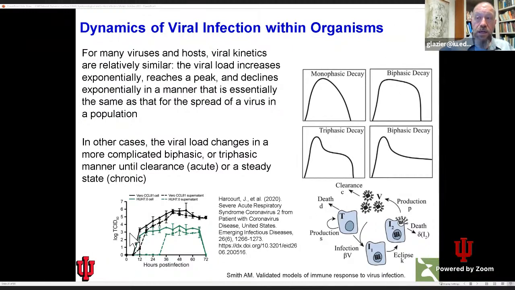Notice it's a log scale on the y-axis. So each one of these ticks represents a factor of 10 increase. Between 0 and 6 hours, they saw no increase of virus. Between 6 hours and 12 hours, they saw approximately a 3,000-fold increase in the amount of virus.